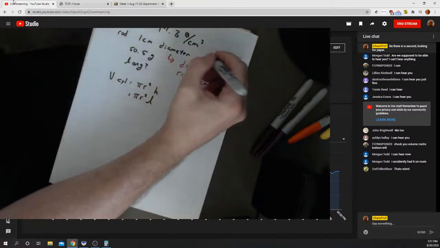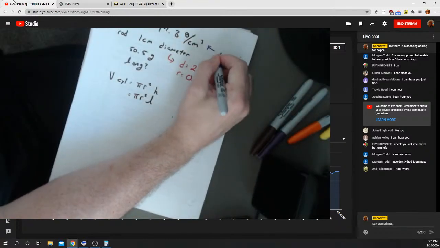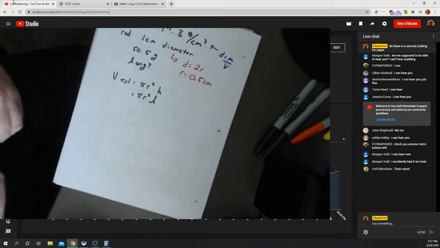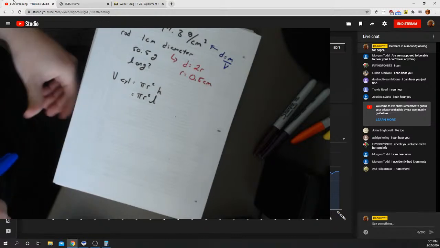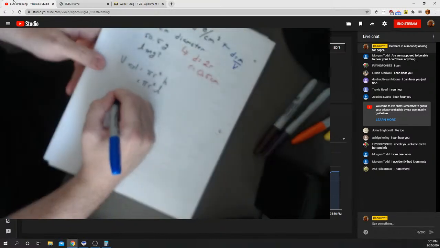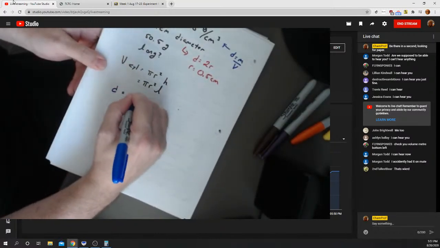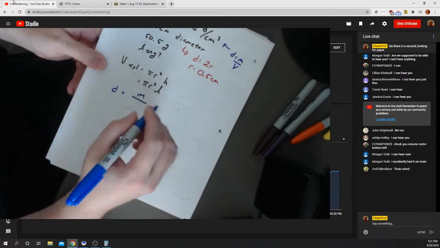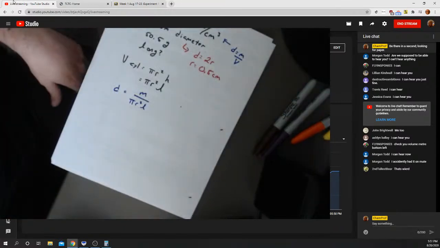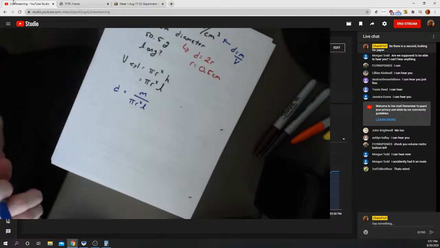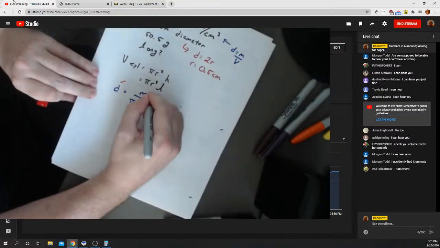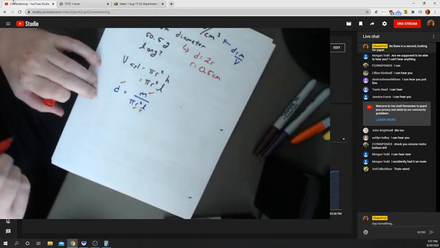And up here, I gave you the density, and density is equal to mass over volume. So we have the density, mass over volume. Volume is pi r squared L. We have density, we have mass, we have r, we're looking for length.